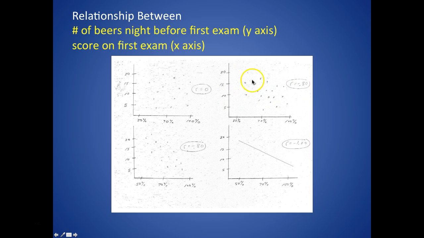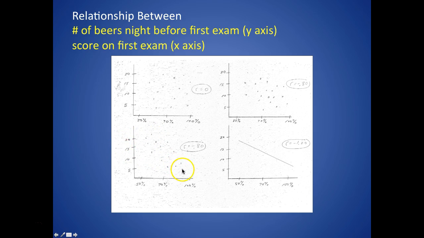So you can see a little bit of this in this scatter plot here, and you get to a correlation of minus 0.80. You can see the number of beers that you consumed the first night. So if you did 20, then there's your, let's see here, the score on the first exam.